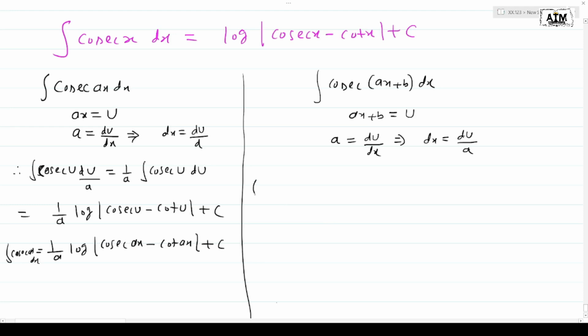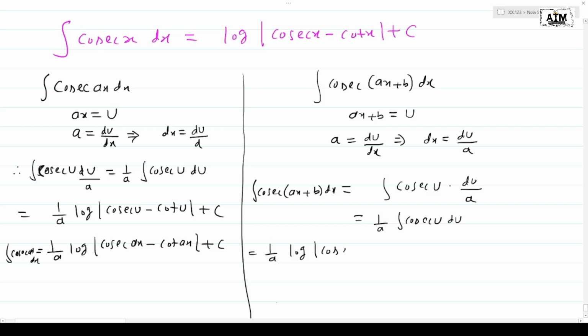In the RHS, the integration of cosec of ax plus b with respect to x equals the integration of cosec u times du upon a, that is 1 upon a integration of cosec u with respect to u equals 1 upon a log of modulus cosec u minus cot u modulus close plus c.